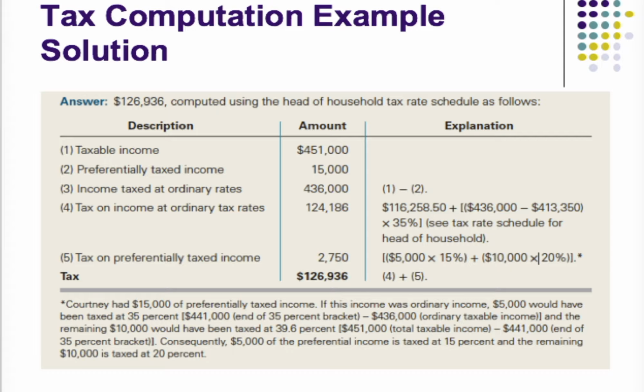How much of that income is taxed at ordinary rates? Well, that would just be 1 minus 2. What's the tax on income at ordinary rates? You're just going to take the amount there and multiply times 35%.